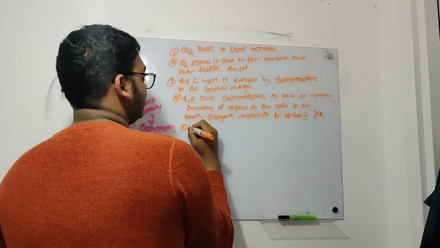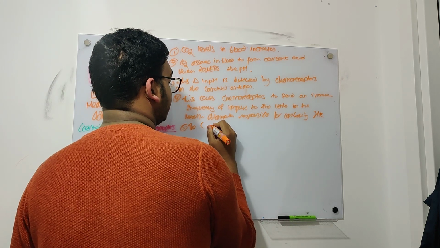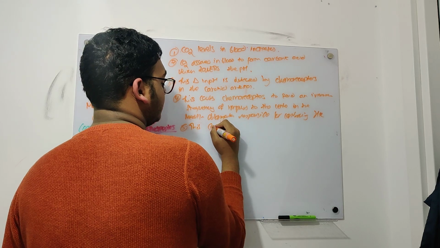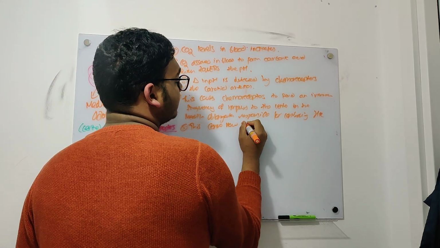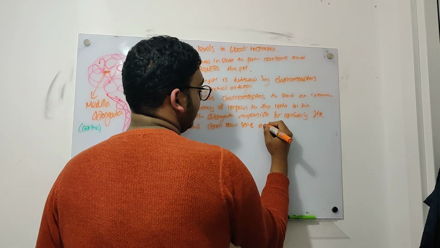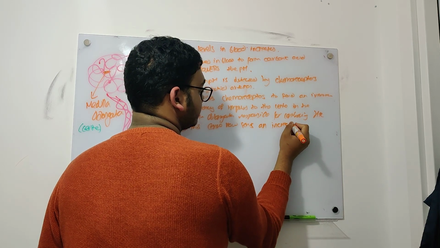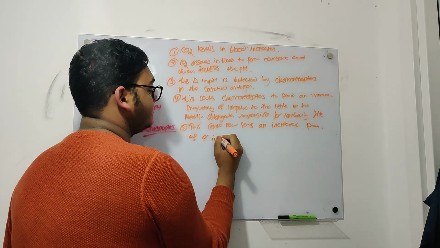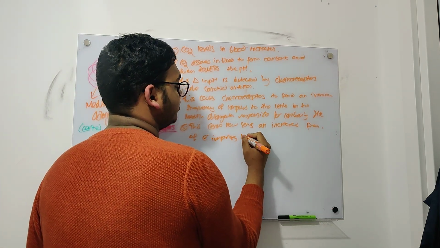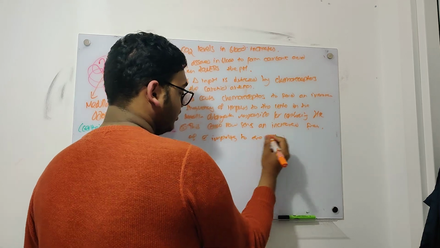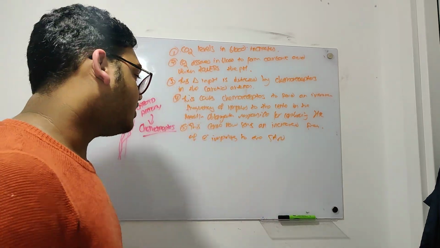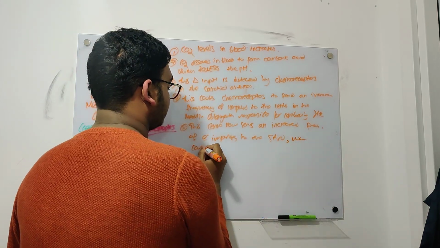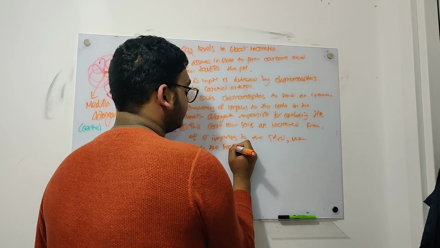After that, the center, so I'm going to say this center, now sends an increased frequency of electrical impulses to the sinoatrial node, which we know is the pacemaker cells, which causes the heart to beat faster.